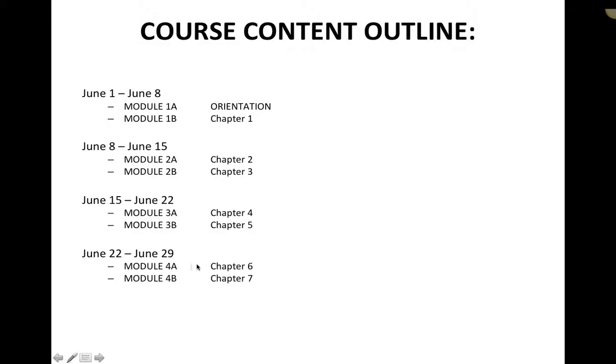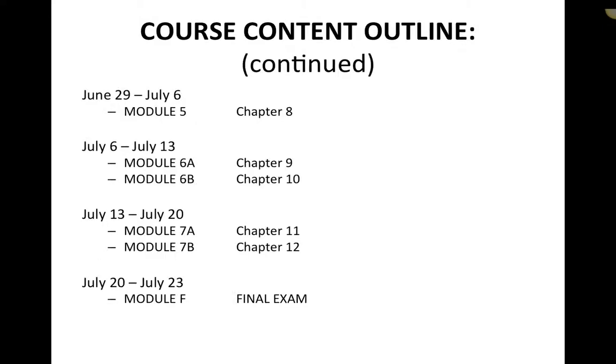The fourth week, we'll look at Chapters 6 and 7 on Module 4A and 4B. Chapter 6 is continuous probability distributions. Chapter 7 is confidence intervals. The fifth week we'll only look at one module this week. In Chapter 8, we look at hypothesis testing with single populations.